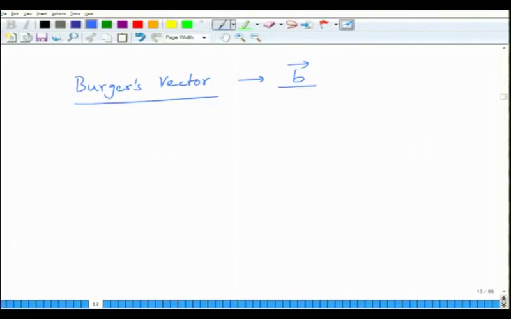So for example in an FCC material, B is equal to a/2 of the 110 type of direction. So the length of B would be equal to a divided by root 2.